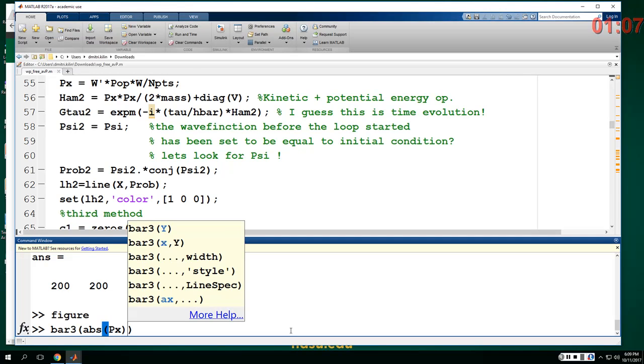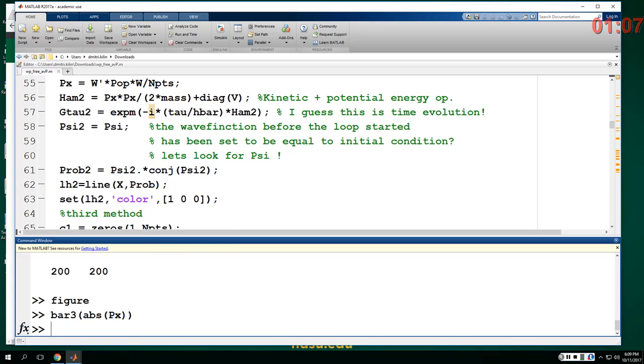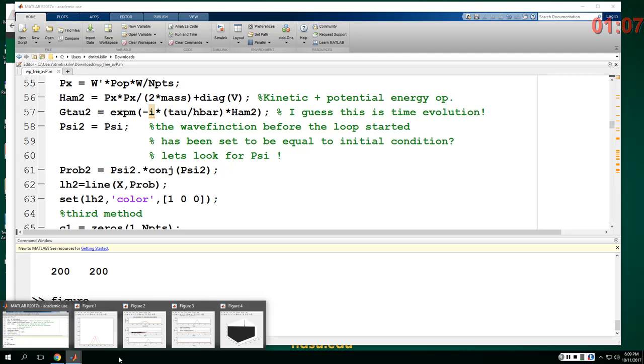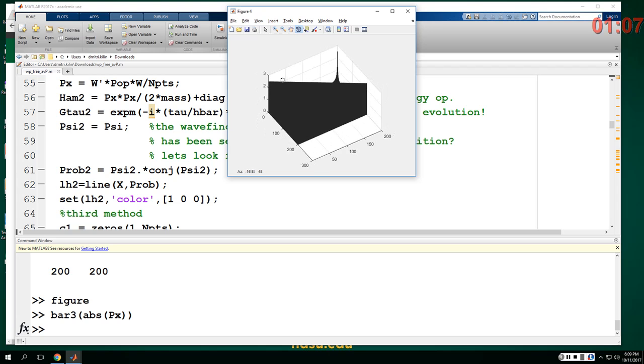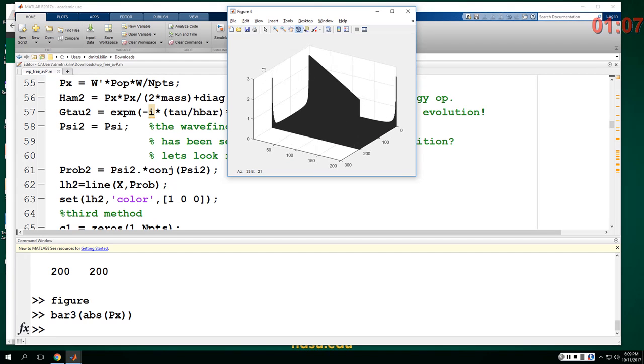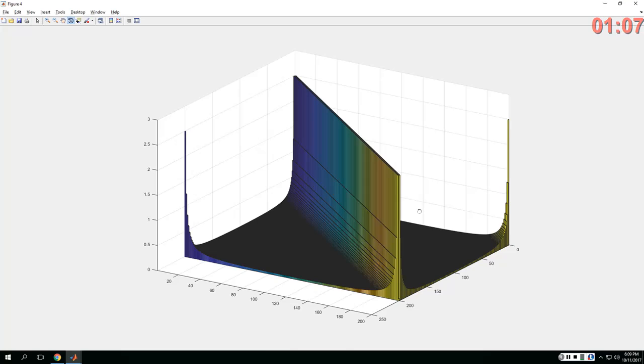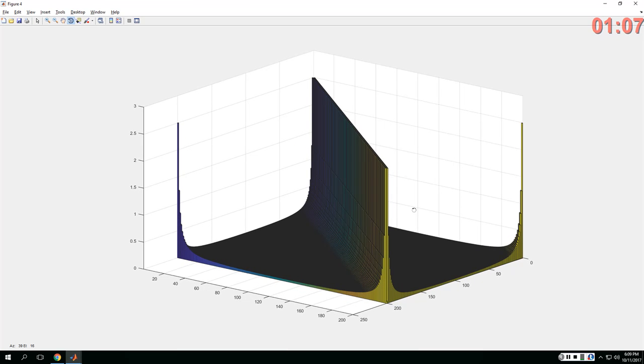Px. Very ugly. Oh, better. So here is the px matrix.